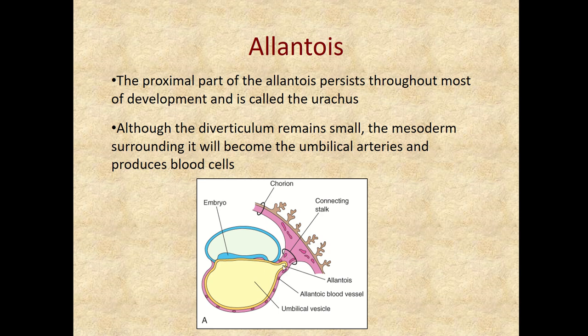And so even though the allantois doesn't really have a lot of function, it will become a remnant structure in the adult human called the urachus. So you'll learn about it later, what it becomes. But it doesn't really have a huge function, but the mesoderm around it does, because it will develop into the umbilical arteries and also does make blood cells. So there it is, the allantois.